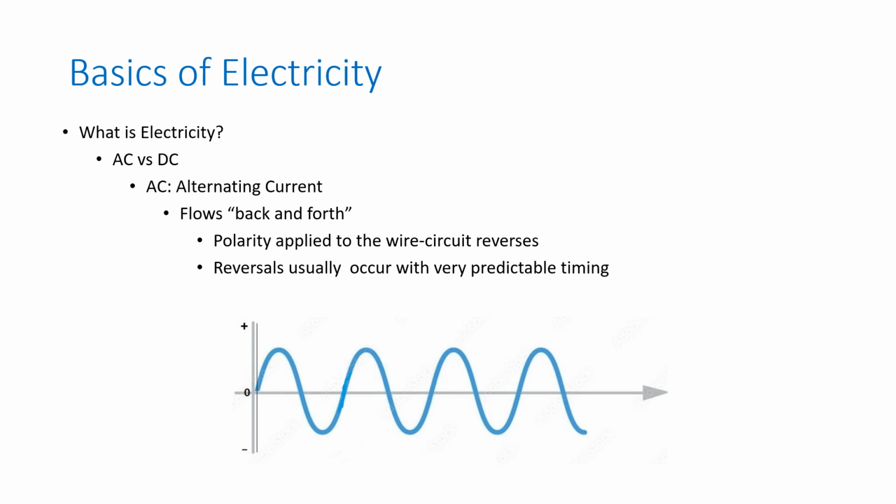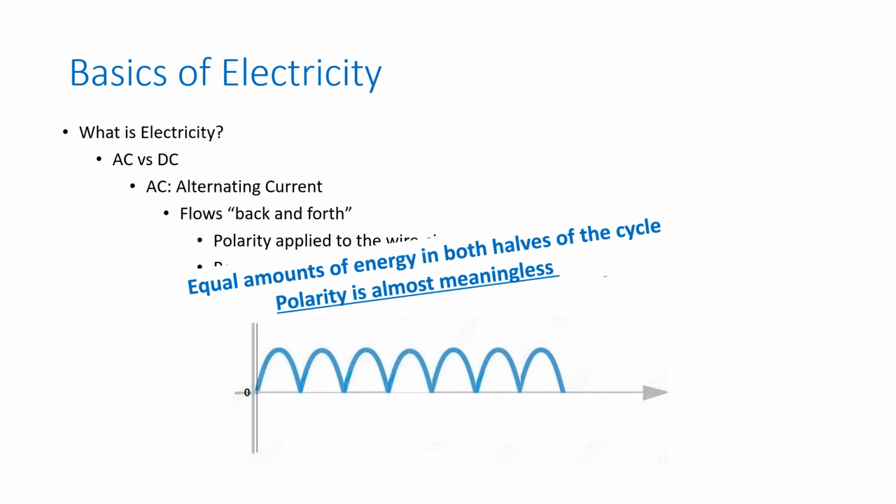In fact, if I flipped the bottom up and just forgot polarity, we don't care about it, you'll note that there's as much power or energy in the bottom half of the cycle as the top. So it really doesn't matter. The polarity really is almost meaningless.